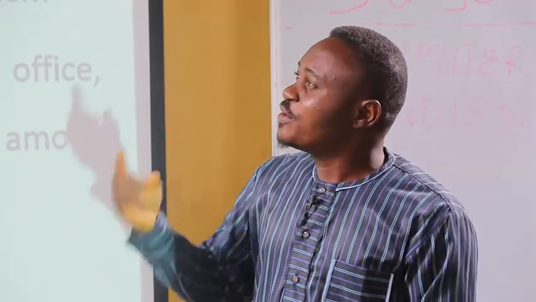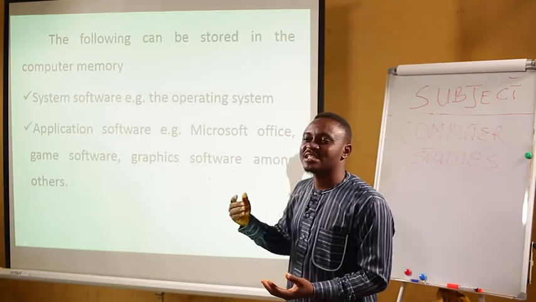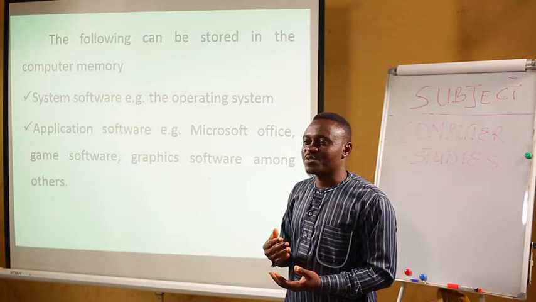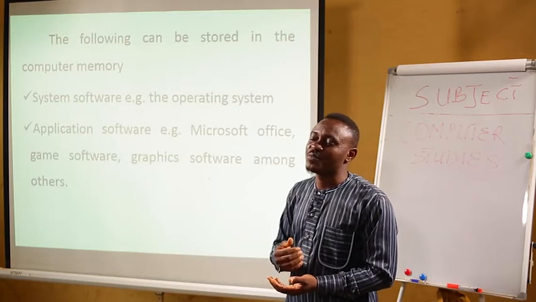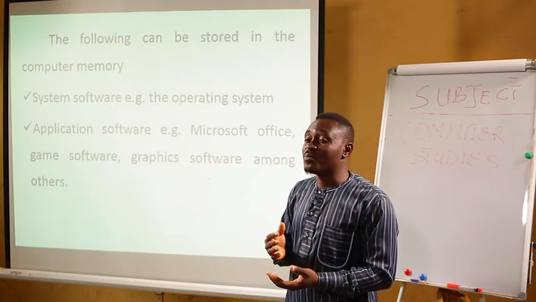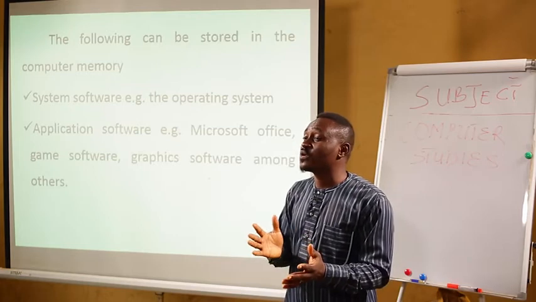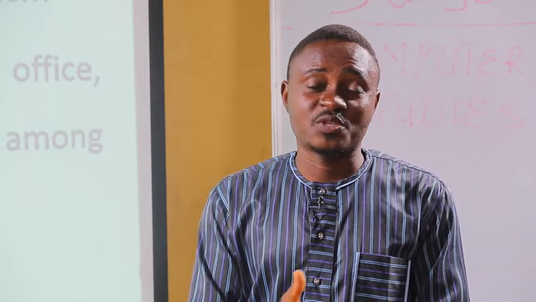So software such as system software is stored in the computer memory. And I'll be using the words memory and storage interchangeably. They could actually mean the same thing at some point. So you still go with me. When I say memory, I also refer to it as storage.